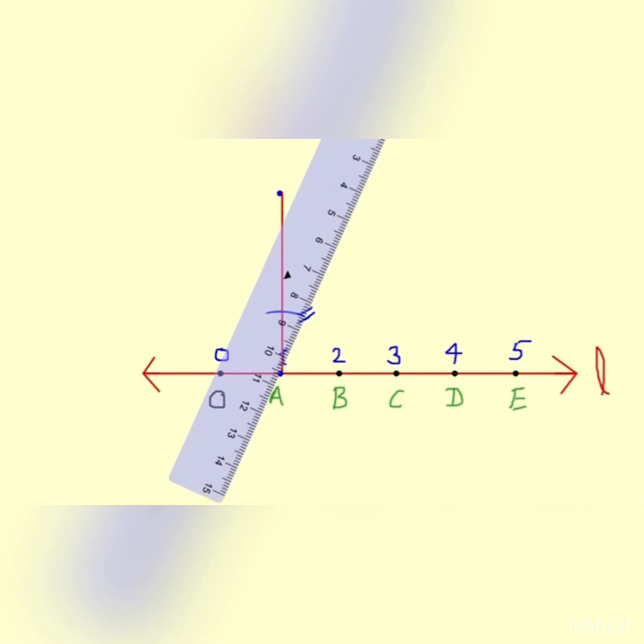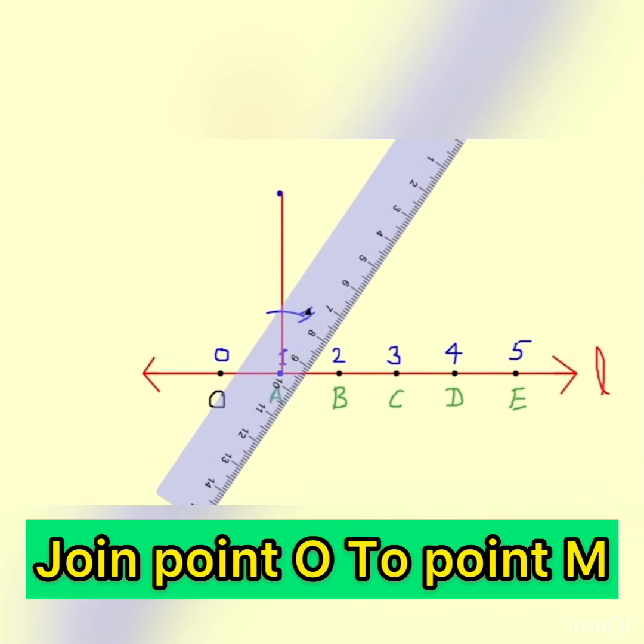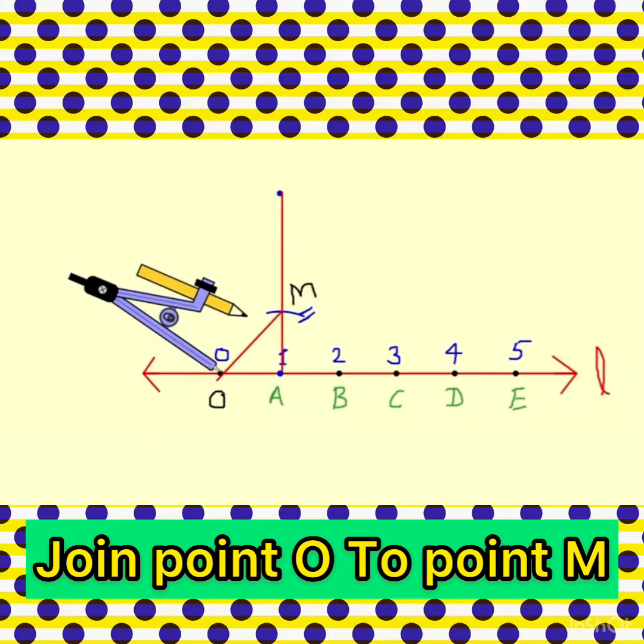and again you take the scale and join this intersection point to O. Okay dear.